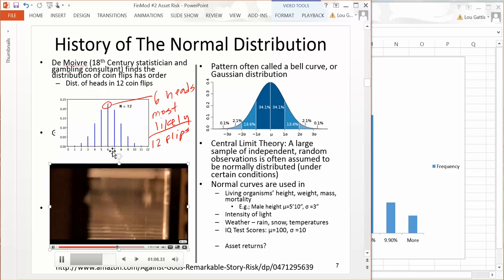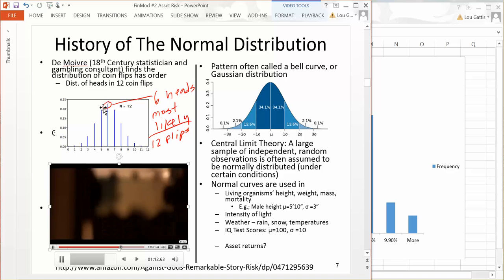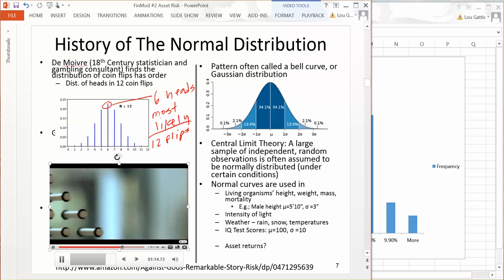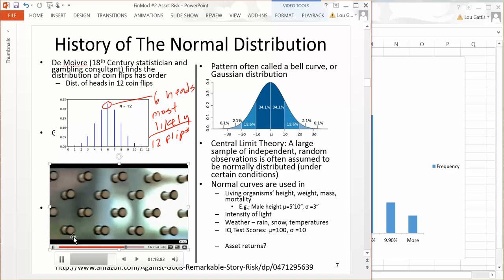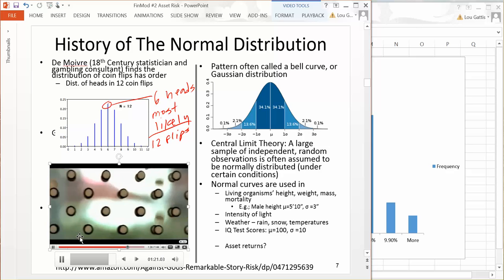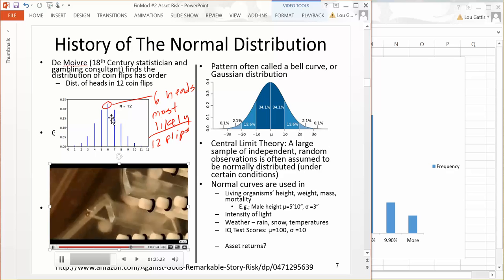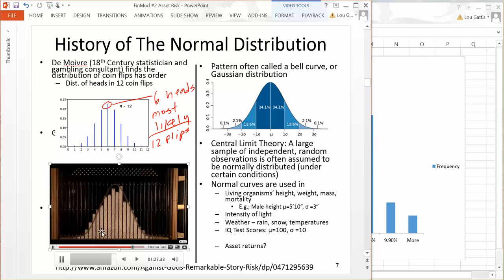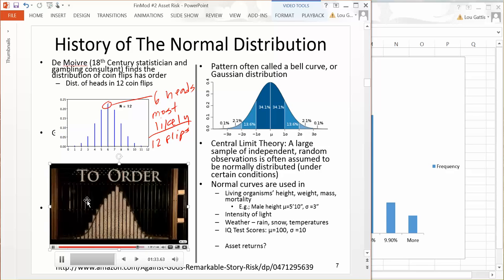So one flip is complete chance and not predictable. Many flips are very predictable. If one ball is unpredictable, many balls are predictable. So this is the idea that you can go from chaotic random occurrences to a very orderly outcome. And that's the title of this video: From Chaos to Order.